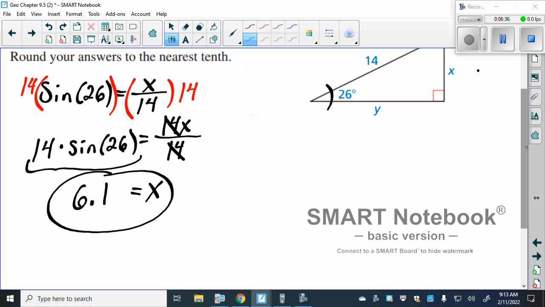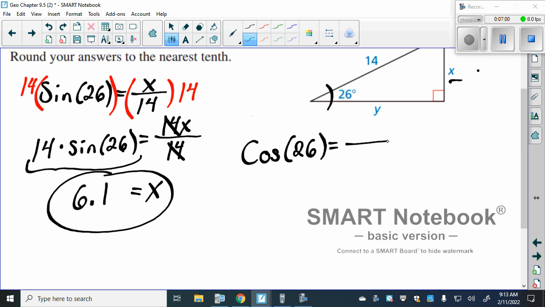Now we also need to find y. Now sine's not going to find y because sine of 26 gave us the opposite side length over the hypotenuse. So what can we use? Cosine, because cosine of 26 is going to equal, what is it? It's the adjacent over the hypotenuse.